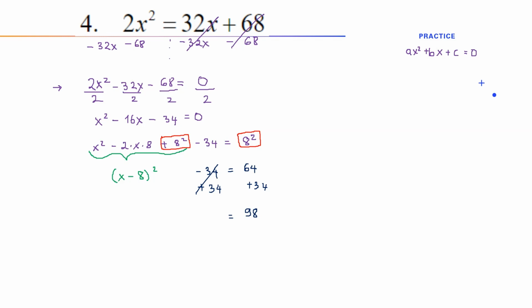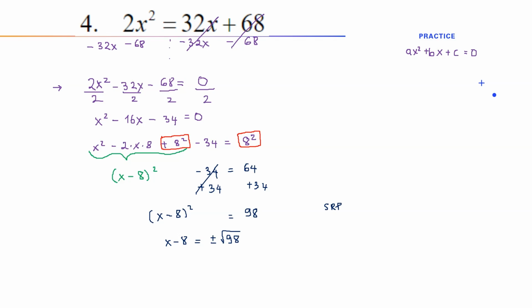On this side we are left with x minus a squared. Now we can use the square root property, right? So x minus 8 equal plus or minus square root of 98.